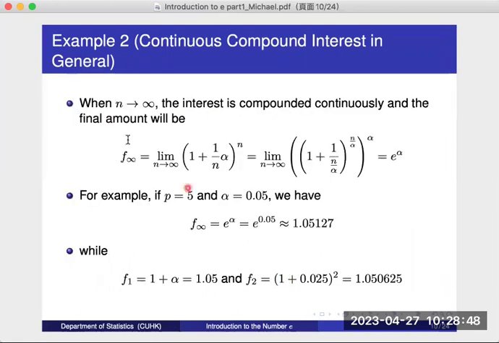When n approaches infinity, the interest is compounded continuously and the final amount will be F infinity equals e to the power of alpha.